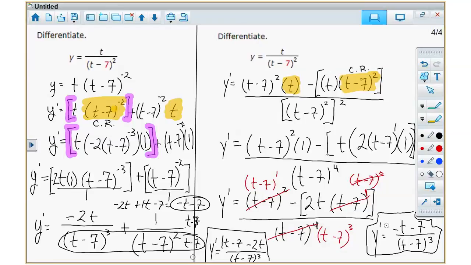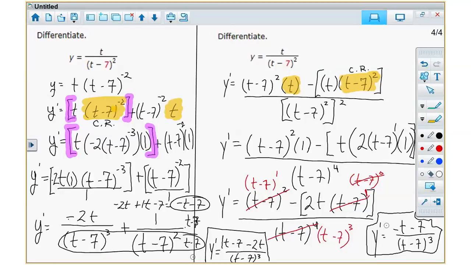This is to the first power, and what's 2 plus 1? 3. So that's a common denominator of t minus 7 to the third power. Just write it as 1. Now multiply the bottom, t minus 7 over t minus 7, so it's t minus 7 over t minus 7 to the third power plus negative 2t over t minus 7 to the third.